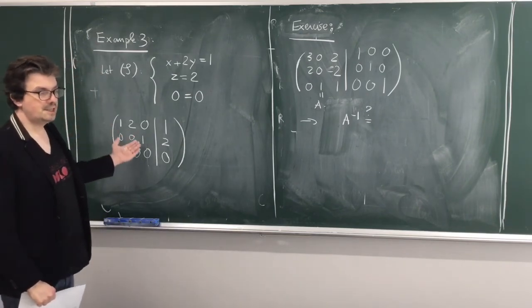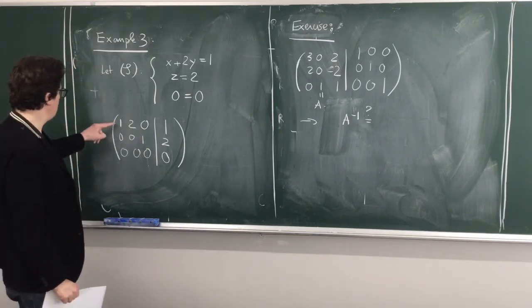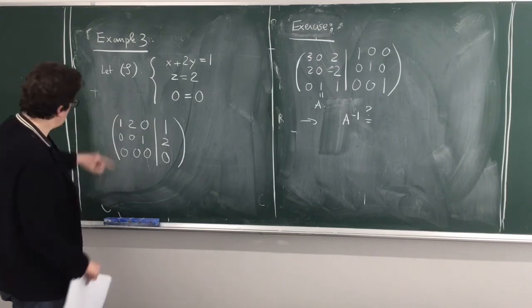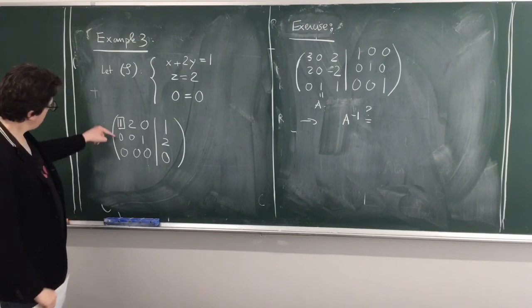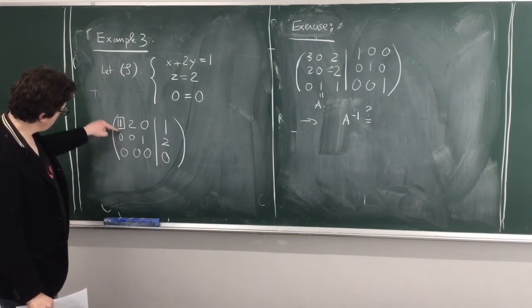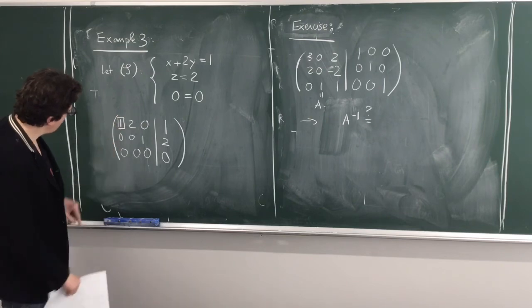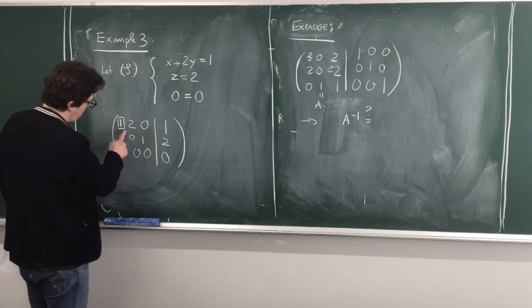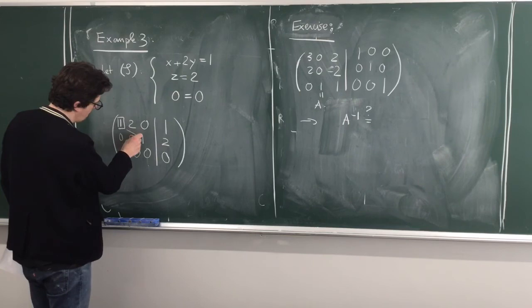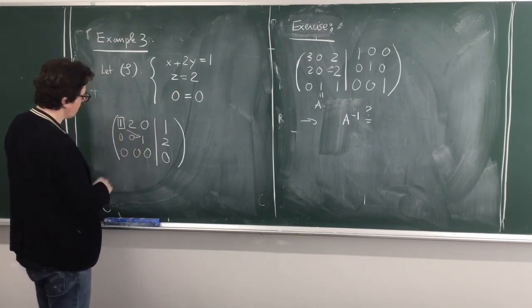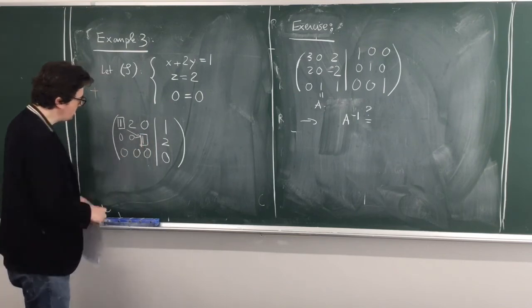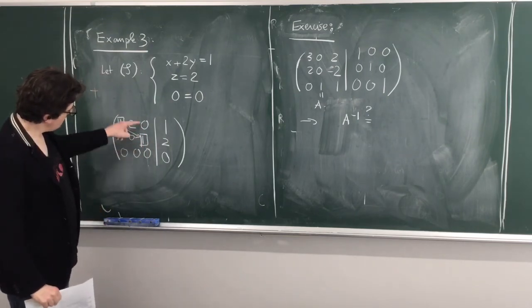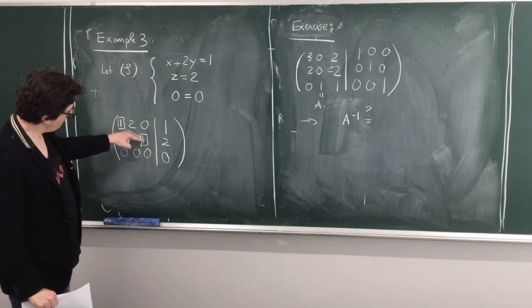Is this RREF? Here we have our first pivot, 1, and as you can see, in the column the only non-zero entry is the pivot. So this is fine. The next pivot is actually not here, but here, and the other entries in the column are 0.